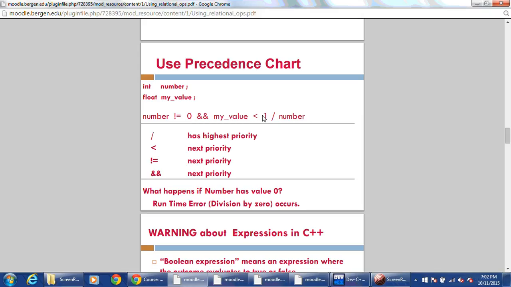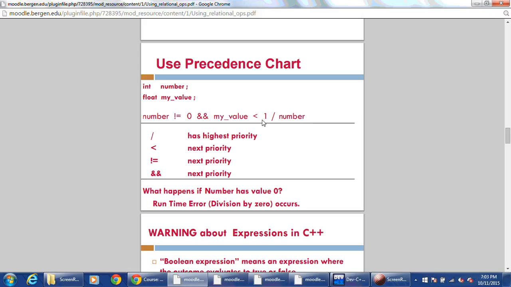Division would say 1 divided by whatever the value of number is. Now I ask the question, what happens if number has a value of 0? If the number has a value of 0, C++ does not allow you to divide by 0. It'll give you a runtime error, division by 0. So this would not continue to run.